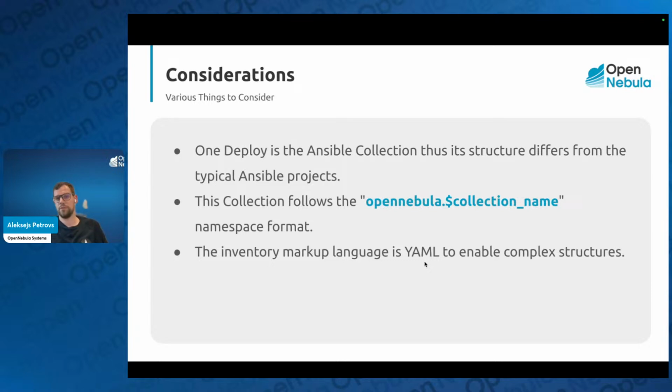The format would be opennebula dot the collection name, in this case deploy, followed by yet another dot, and then the access to the playbook.